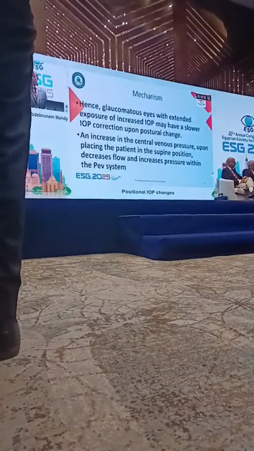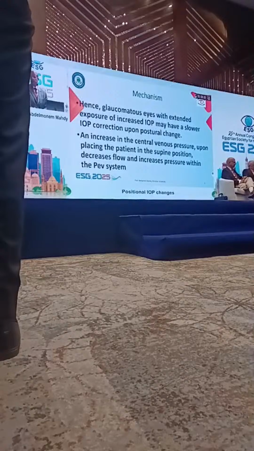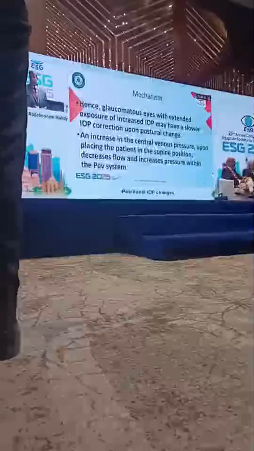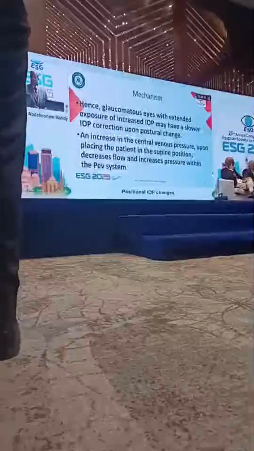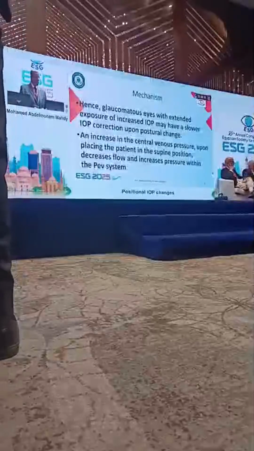Hence, glaucomatous eyes with extended exposure to increased intraocular pressure may show less intraocular pressure correction upon position changes. An increase in the central venous pressure upon placing the patient in the supine position decreases the flow and increases the pressure within the periocular venous system.